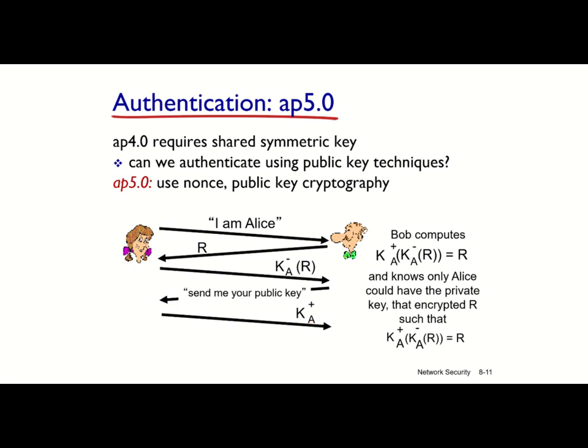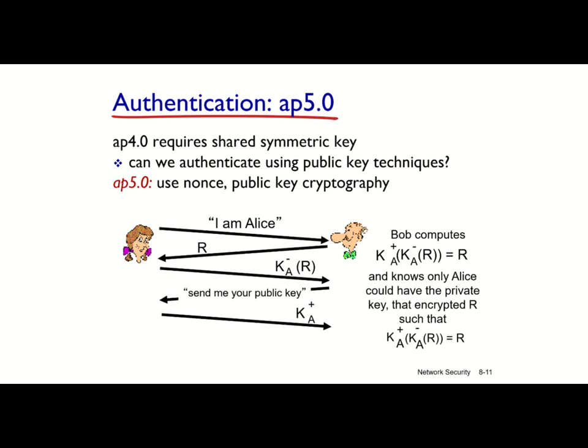Now after Bob receives both the public key of Alice and the encrypted R, Bob calculates Ka plus of Ka minus of R, in which you have to apply the public key of Alice to the message that you got from Alice.